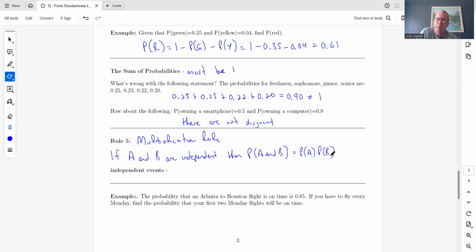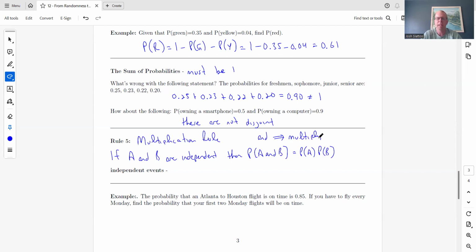Last time, rule 4 was the addition rule, and that had the probability of A or B. We said with the addition rule that or means we're going to add, and now we're going to see that and means that we multiply. So those are two very important things to remember.